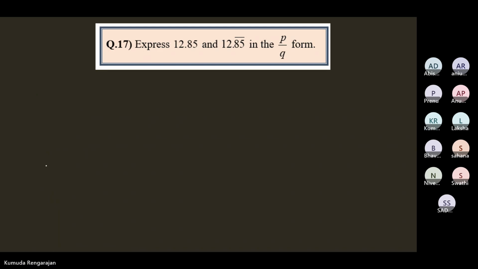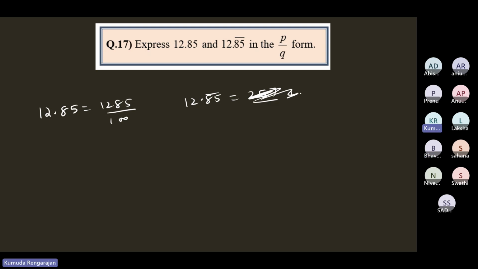Bhavishya? Ma'am, 12.85 is equal to 1285 by 100. Yeah, then by simplifying, 257 by 20. What's the final answer?